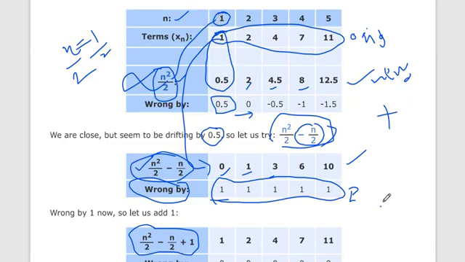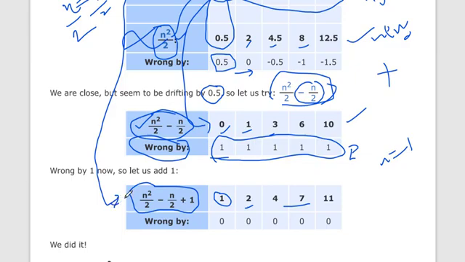Let's put n equal to 1. So 1 by 2 minus 1 by 2 is 0, and plus 1 means 1. Let's put 2. 2 square by 2 means 2, minus 2 by 2 is 1, 2 minus 1 is 1, plus 1 is 2. So you can see that our original term and our newly made rule of this sequence are the same. So this is our rule of this sequence.